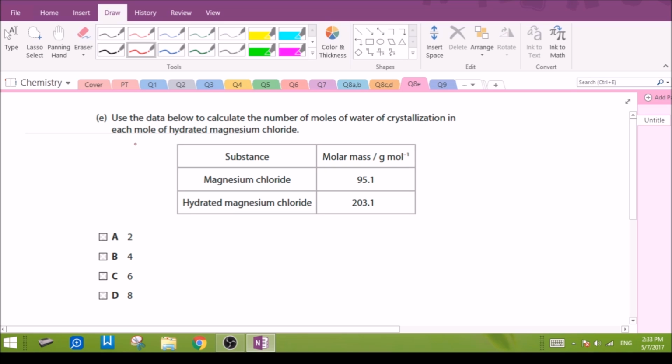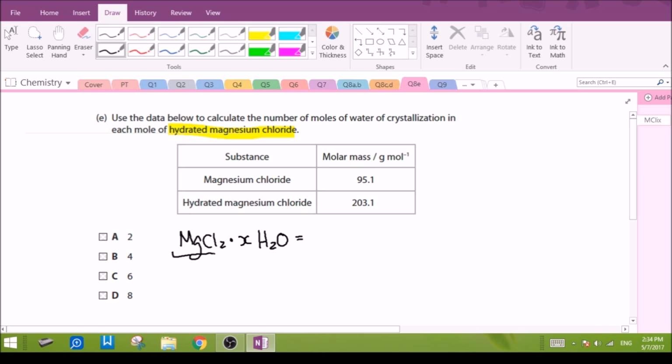Part E, use the data below to calculate the number of moles of water of crystallization in hydrated magnesium chloride. So hydrated magnesium chloride, the formula can be expressed in terms of MgCl2, water of crystallization, with an unknown number of water molecules. We don't know how many water molecules there are for every 1 unit of magnesium chloride, so let's just assign it to be X. So what is the Mr?